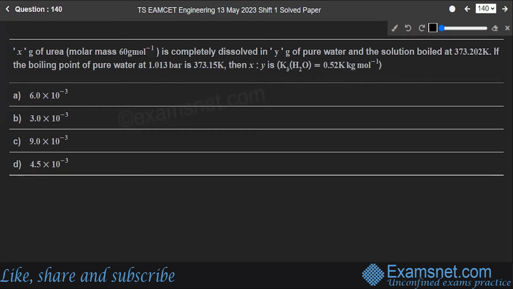Okay, so how much is the boiling point elevated? Elevation in boiling point is given by boiling point of solution minus pure solvent.